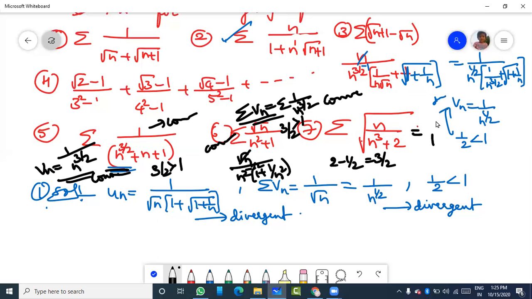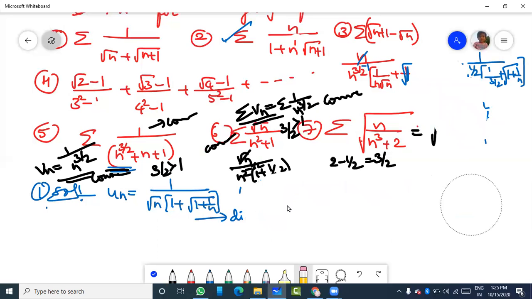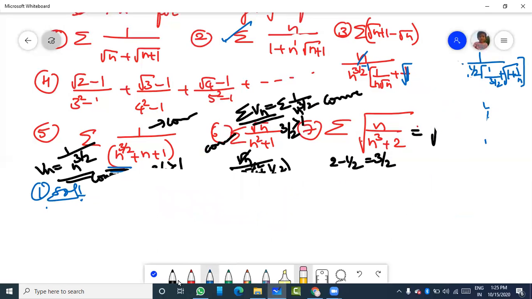Here in the numerator, n is common. In the denominator, n cube is common, 1 plus 2 by n cube. 1 n cancels, n square.